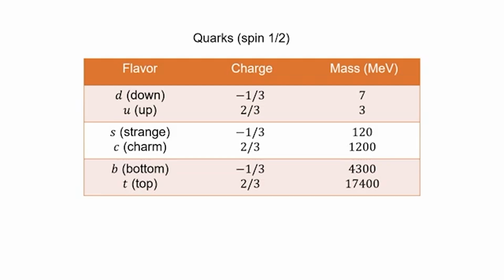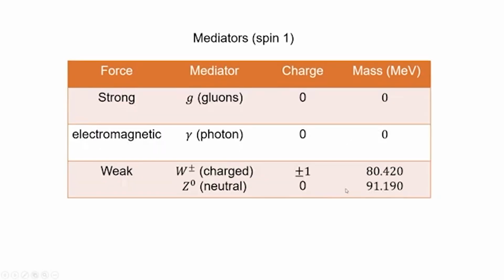So, we have down, up, strange, charm, bottom, top with the charges minus 1/3, 2/3, minus 1/3, 2/3, minus 1/3, 2/3. And as we have said earlier, their masses vary widely, it goes from 7 MeV to 17,400 MeV. That is a large variation in the mass.